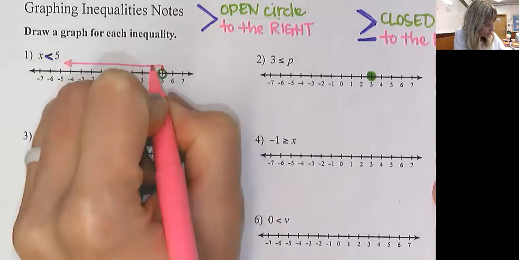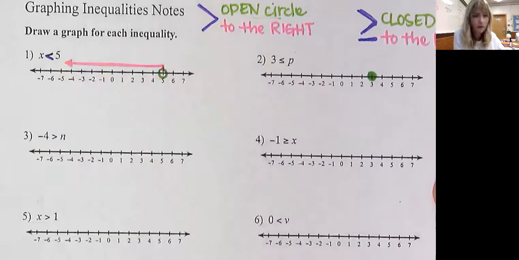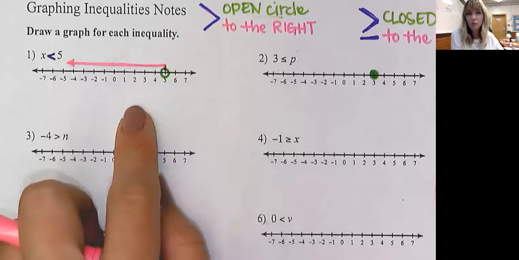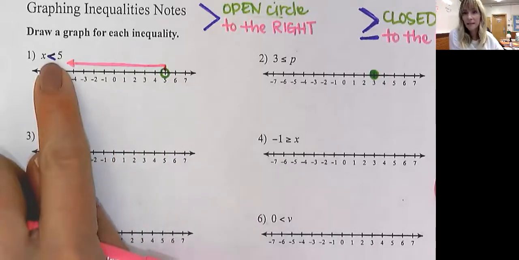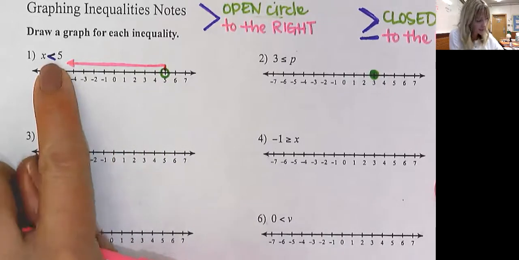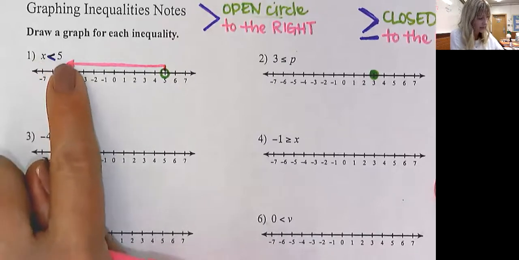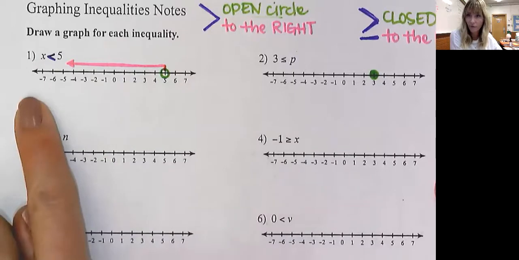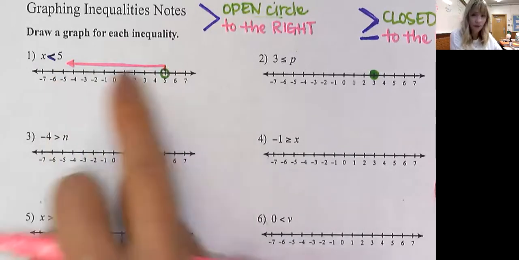And I draw an arrow because it does keep on going. This is just a picture to show what this math statement says. They fit together. This one says x is less than 5. This one shows x is less than 5. Open circle to the left.